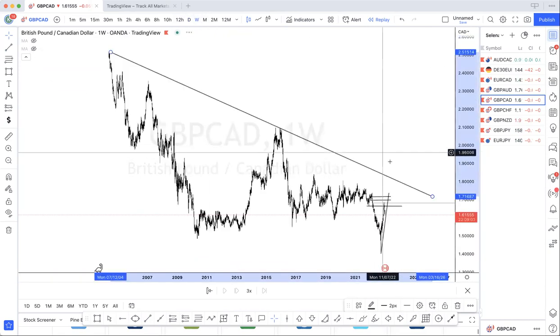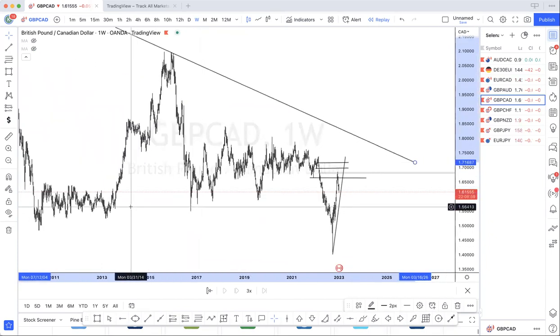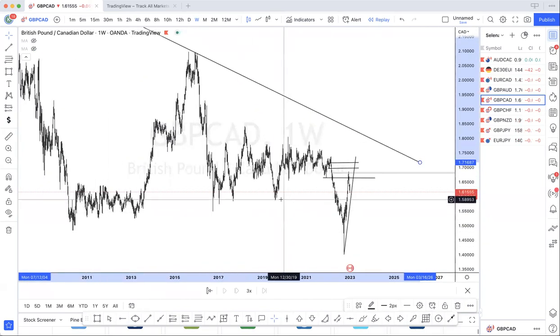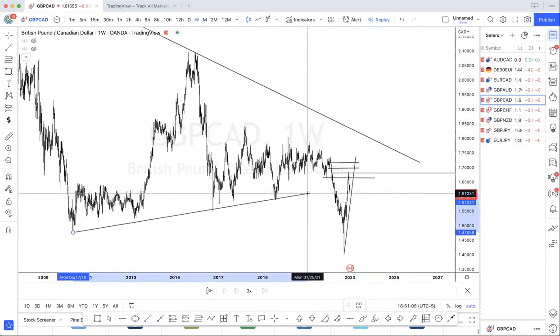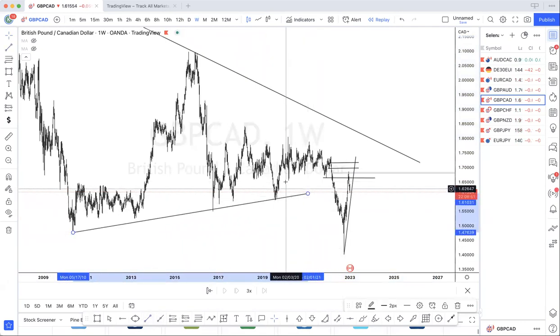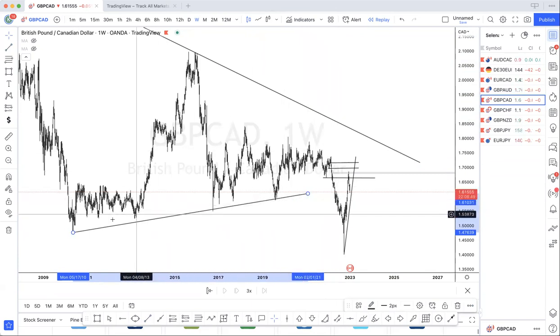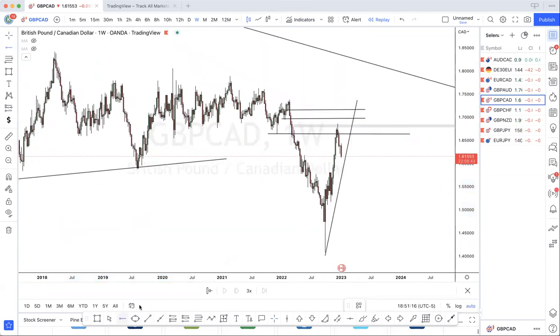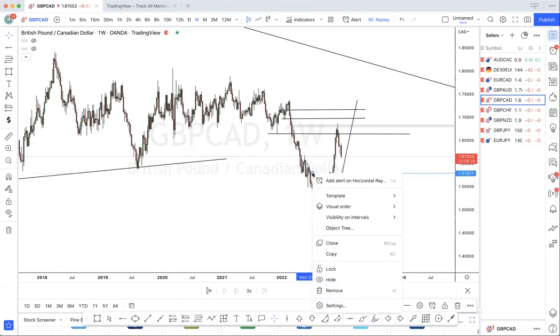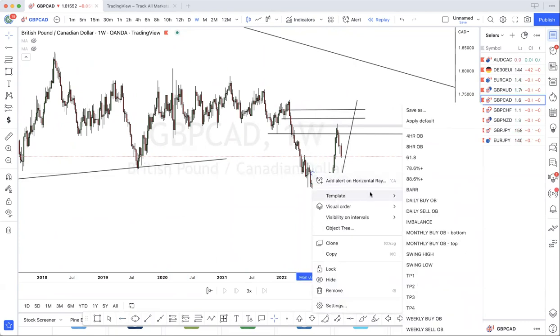Because it came and pretty much grabbed all this liquidity, all this trend line liquidity that was going up at some point. It came and grabbed all of it, right? And then it started breaking swing highs, which this was the first, a swing high on this higher time frame, right?